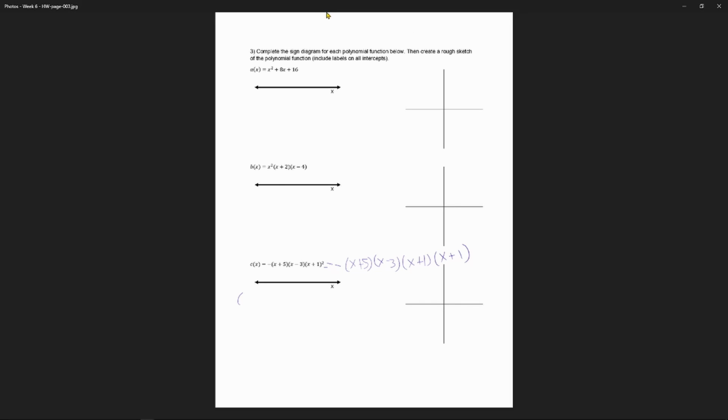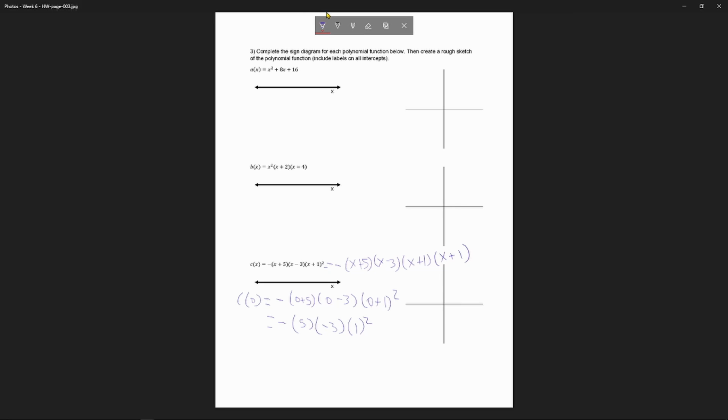So let's just do c of 0, and we'll have negative 0 plus 5 times 0 minus 3 times 0 plus 1 squared, and we'll get negative 5, or a negative on the outside, and then we'll have positive 5 times a negative 3 times a positive 1 squared.